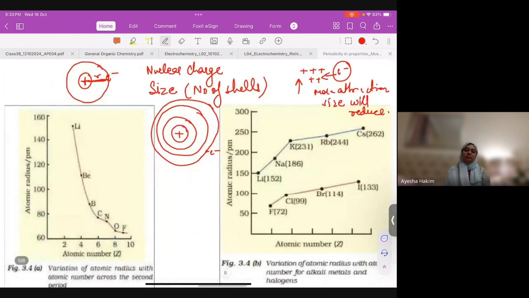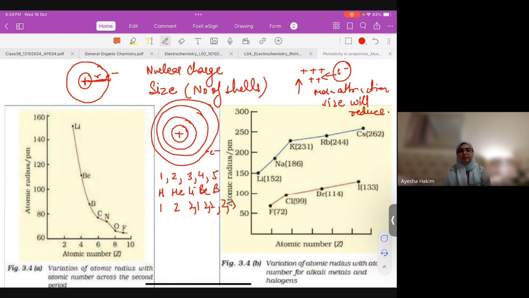When I move from left to right in a period, say for example 1, 2, 3, 4, 5: hydrogen, helium, lithium, beryllium, boron. Their electronic configuration is 1, 2, 2 comma 1, 2 comma 2, and 2 comma 3.